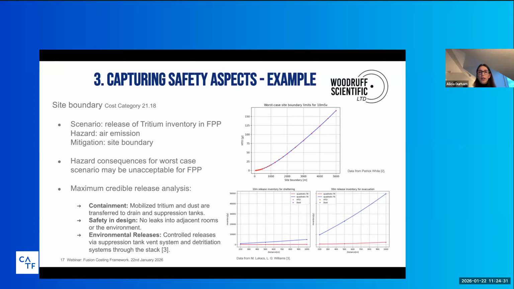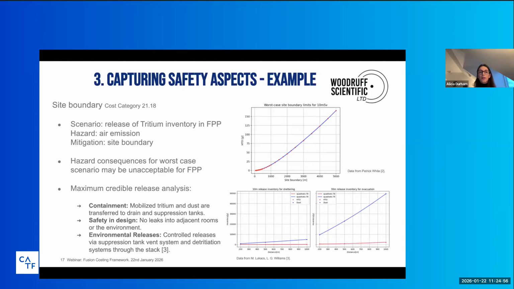But we quickly understood that a worst case scenario wouldn't be representative of a real situation, and therefore wouldn't capture the cost as well. So we decided to use a maximum credible release analysis based on a study from Lawrence Williams, who is also a participant in the Clean Air Task Force Safety Group.